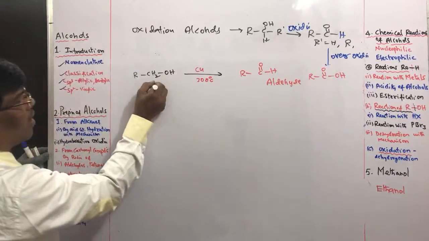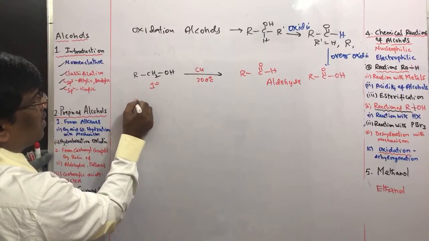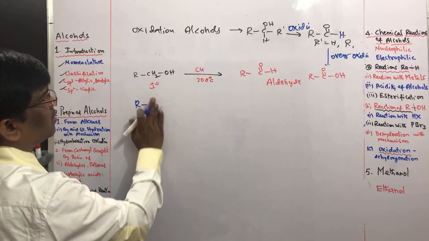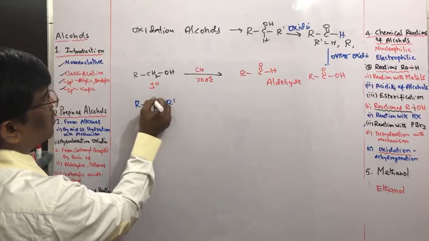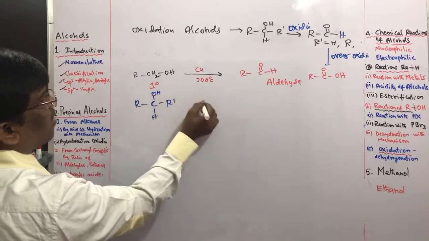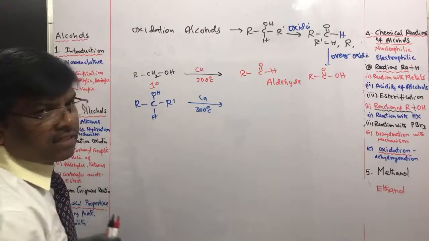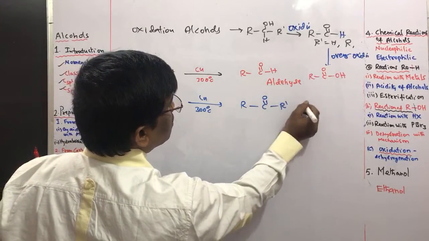So primary alcohols are going to give aldehydes. If I take secondary alcohol in presence of copper at 300 degrees centigrade, it is going to give ketones.